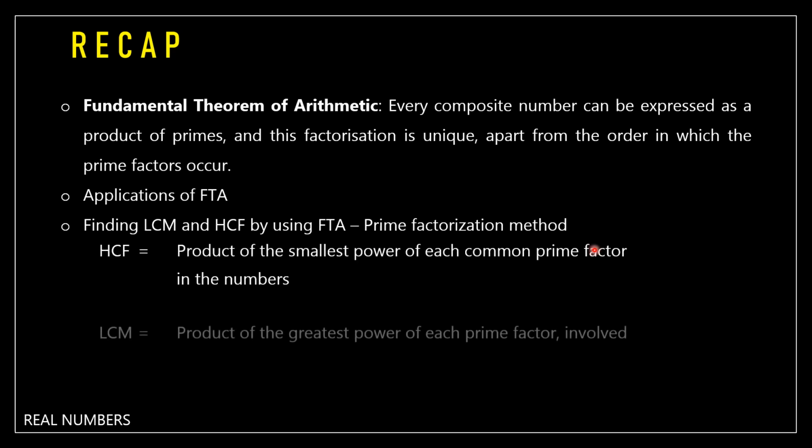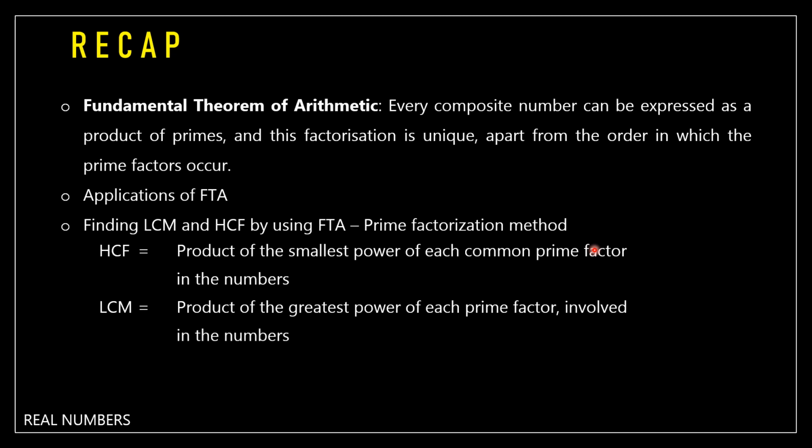HCF is the product of the smallest power of each common prime factor in the numbers, whereas LCM is the product of the greatest power of each prime factor involved in the numbers. While finding HCF, we will use only common primes and their smallest powers. While finding LCM, we will use all primes and their greatest powers.